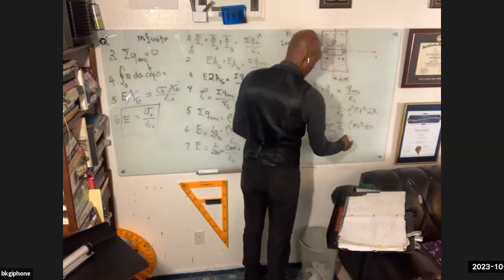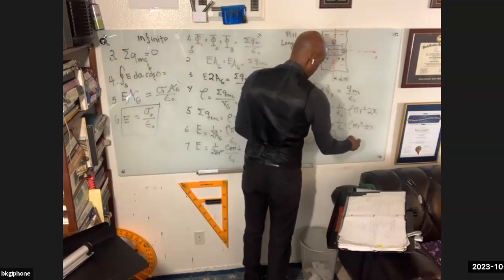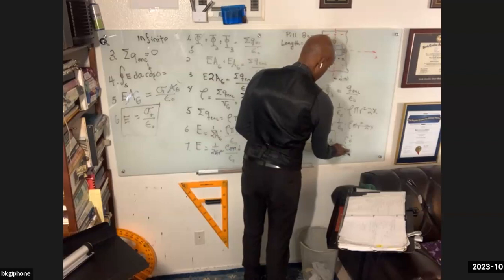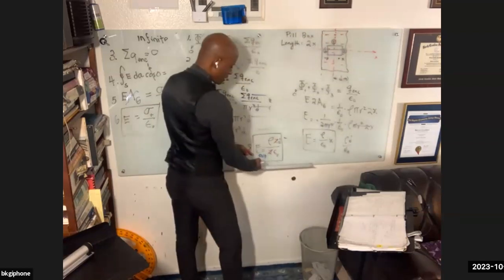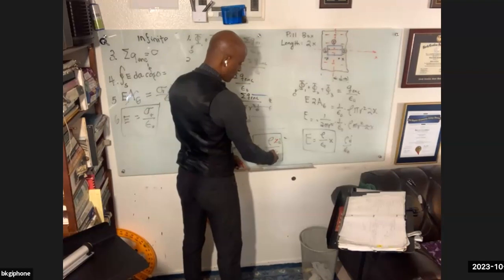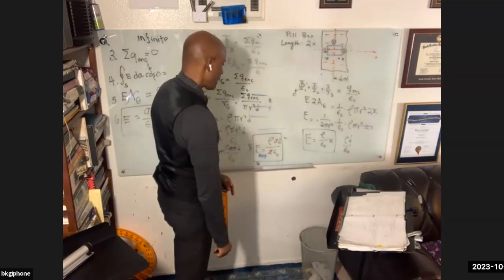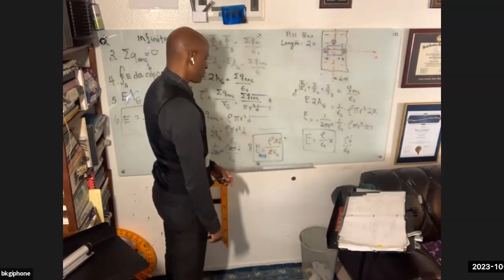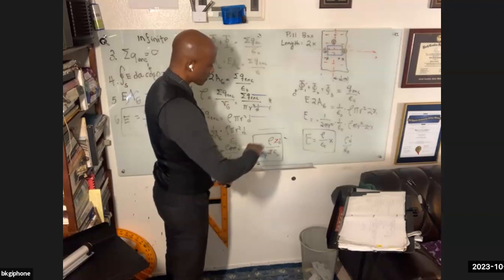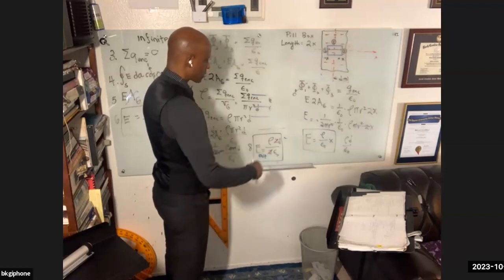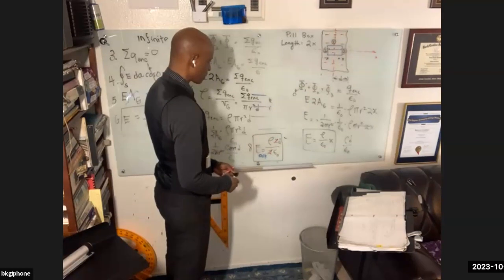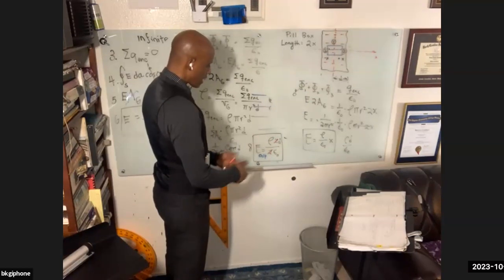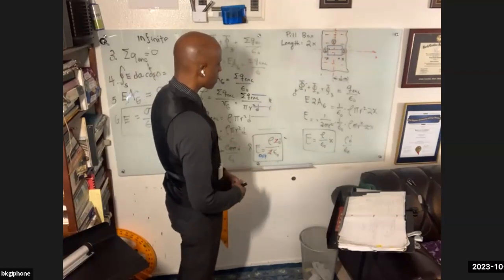So for this one I would have had the field at the surface being rho d over epsilon naught, and over here I would have had rho d over 2 epsilon naught. And that's because I didn't define the horizontal coordinate in the same way for both problems. But now, if you do, they match up.